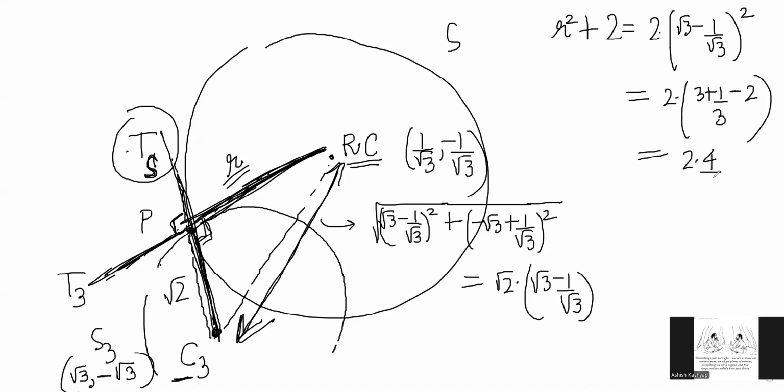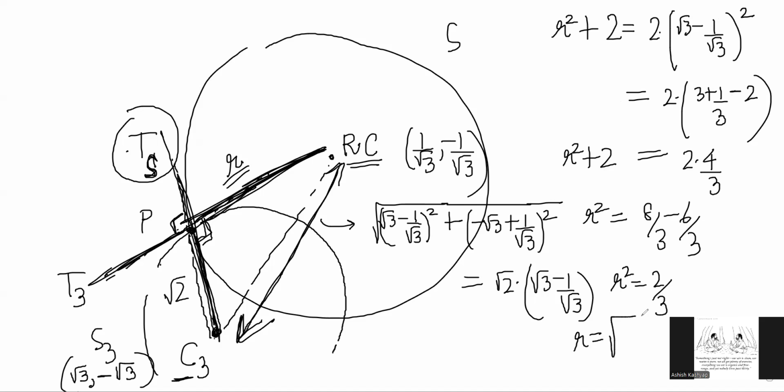So 2 into 4 by 3 equals r square plus 2, and you're getting r square is equal to 8 by 3 minus 6 by 3. Notice r square is coming out to be 2 by 3 and the radius is coming out to be root 2 by 3. So by simple geometry and understanding the meaning of radical center and radical axis, we are able to find the radius of the radical circle.